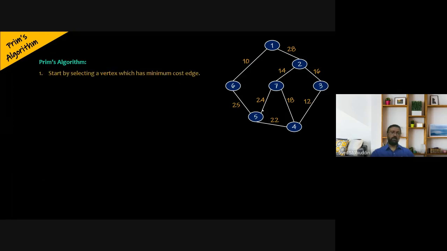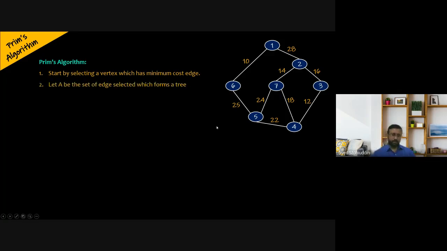What Prim's algorithm says is we start by selecting an arbitrary vertex from the graph. Generally it's the vertex which has the least cost.